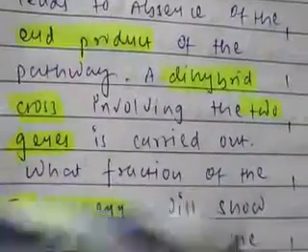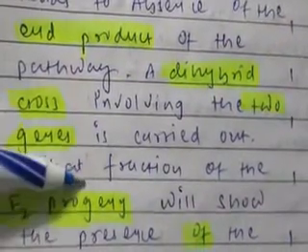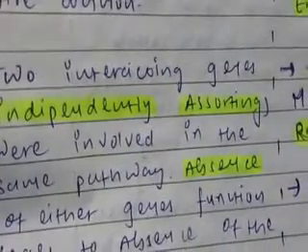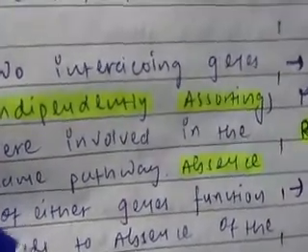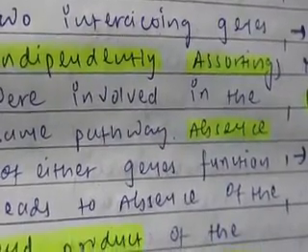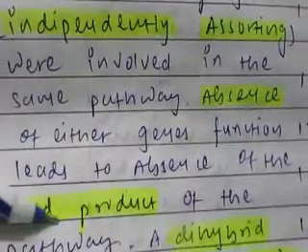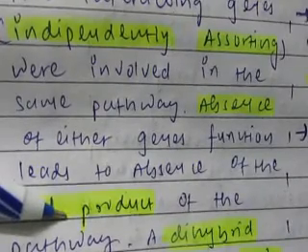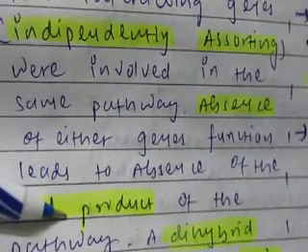Now based on this theory, it means one thing: absence of either of these gene functions leads to absence of the end product. So there might be a modification in the typical Mendelian ratio, right?